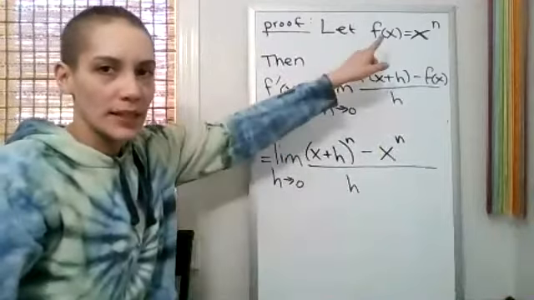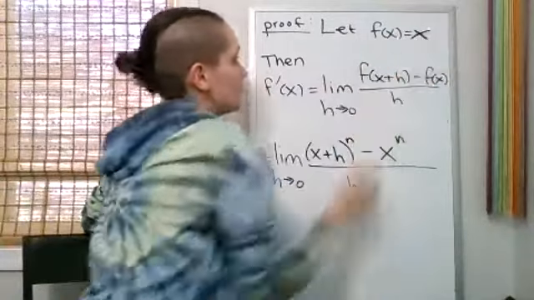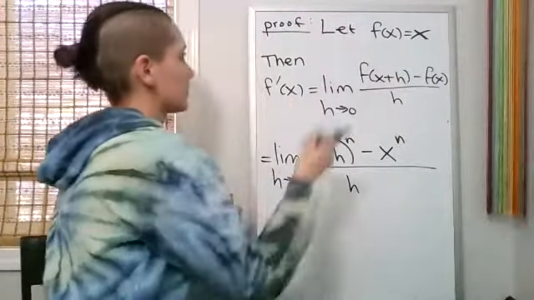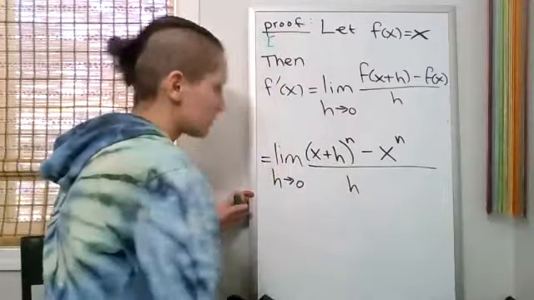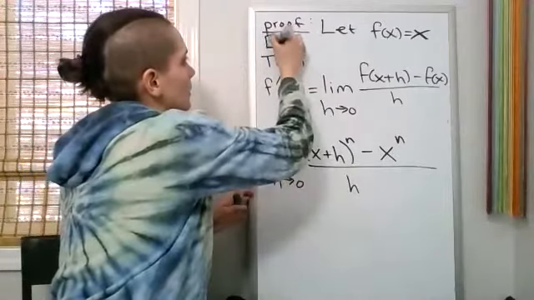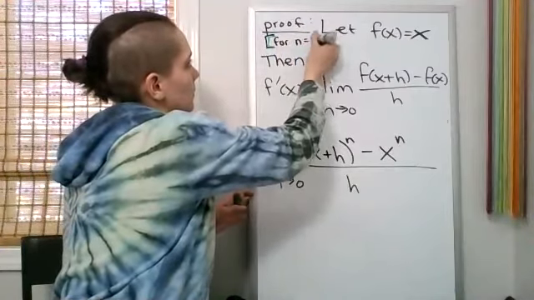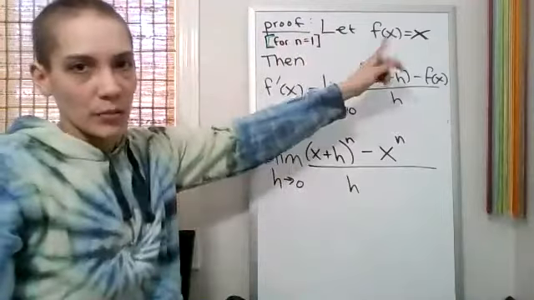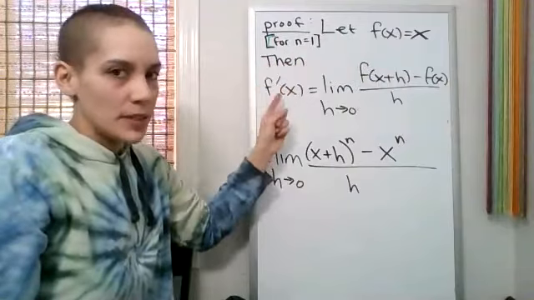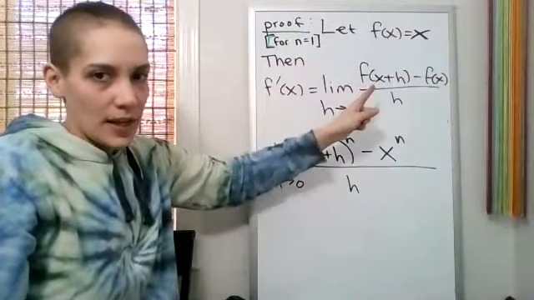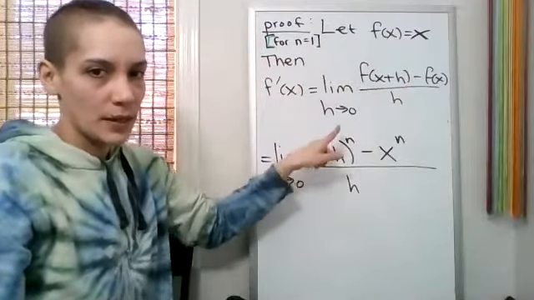So we're going to go back and let f of x equal x. So x with a power of 1. We're just going to focus on n equals 1. So derivative of f of x equals x, and we have the limit definition, and then we're going to put in a power of just 1.